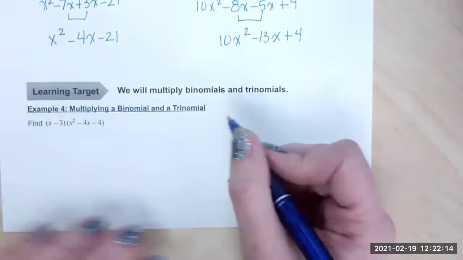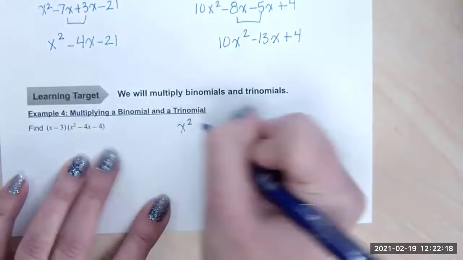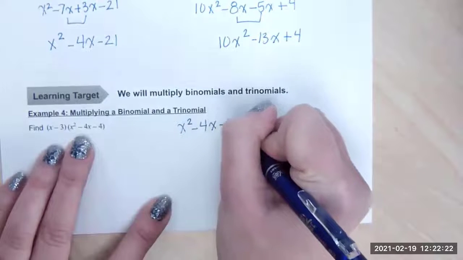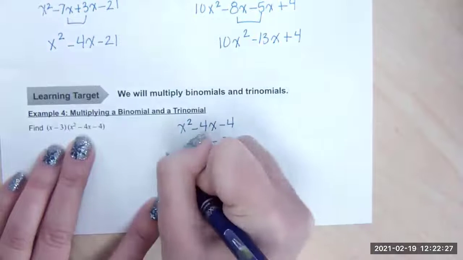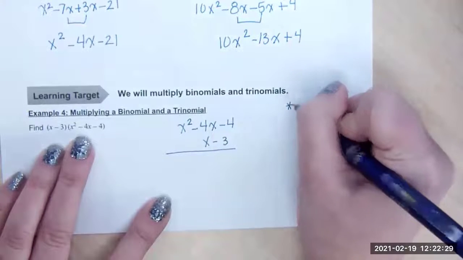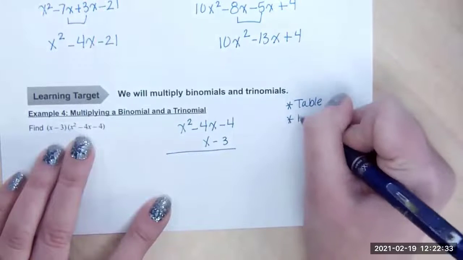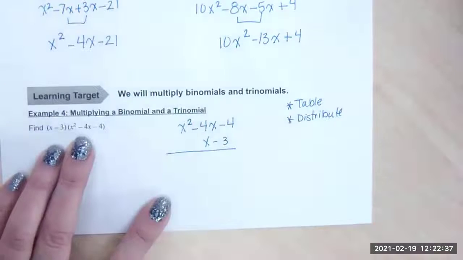So I'm going to write my larger one, the one with the most terms, on top. So I have x squared minus 4x minus 4 times x minus 3. Now remember, we can also use a table and we can distribute. We don't call it FOIL method because there's only 4 terms with that, and here we have 5.